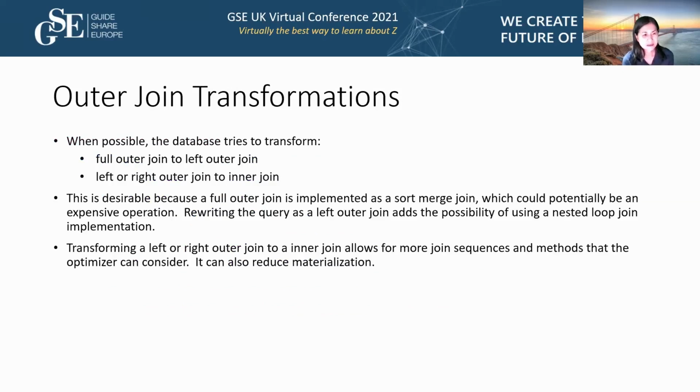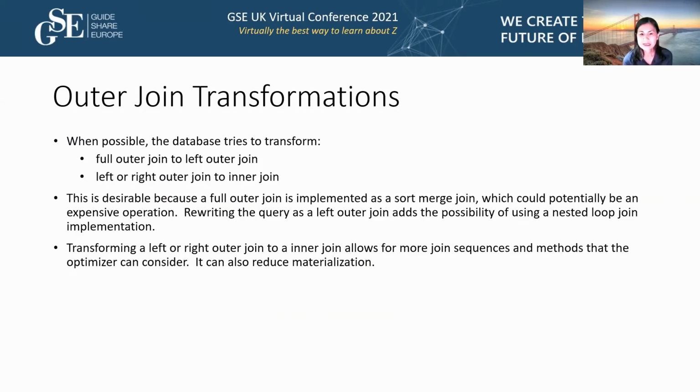Next, we can talk about outer join transformation. In outer join transformation, Db2 tries to transform a full outer join to a left outer join. This is done because full outer join is expensive.